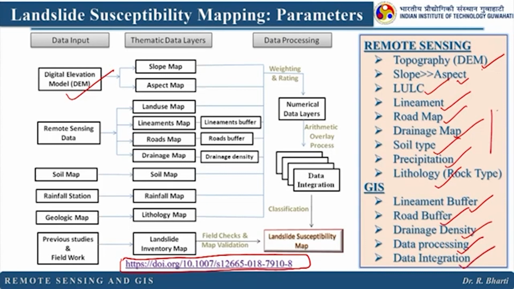So you can see there are many inputs which can be derived from remote sensing and GIS, and since this is spatial data, you can use a GIS environment to analyze these data sets and come up with the landslide prone areas, and then you can characterize them as class 1, class 2, class 3 or class 4 areas, right.